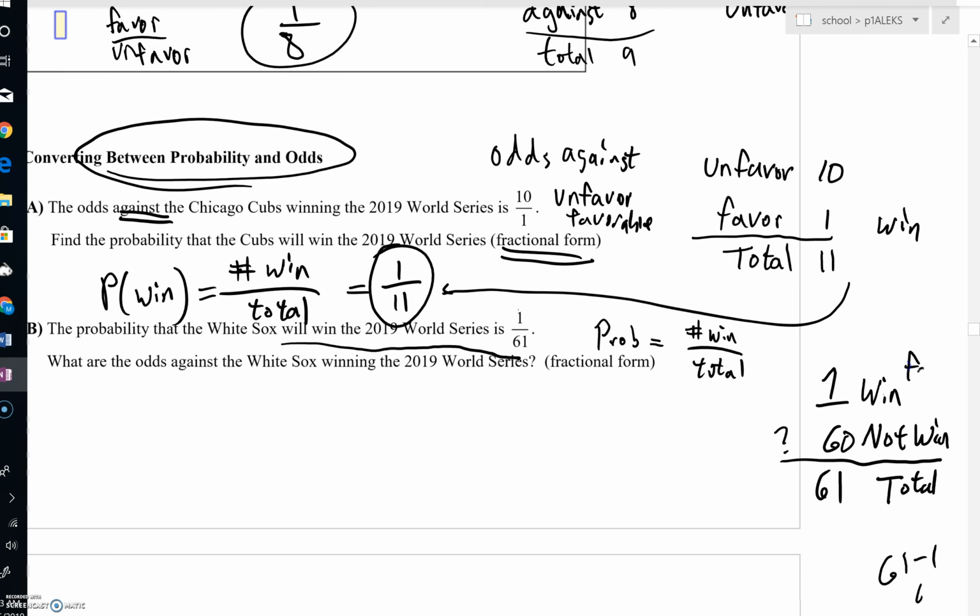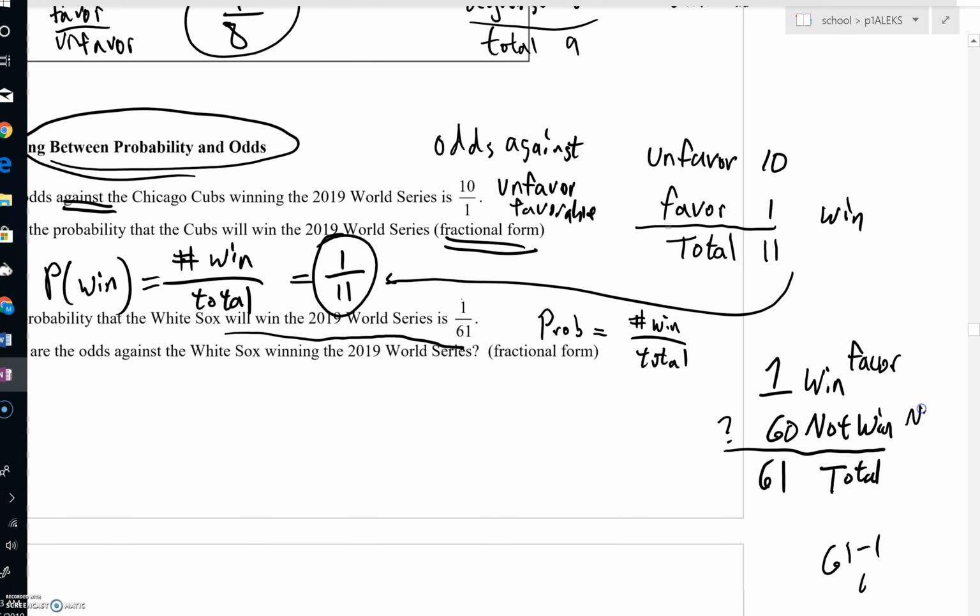So this would be favorable. We want the White Sox to win. This would be not favorable. This would be the White Sox losing or not winning. So we want the odds now against the White Sox winning the World Series. So we want to have unfavorable when it's against, all over favorable.